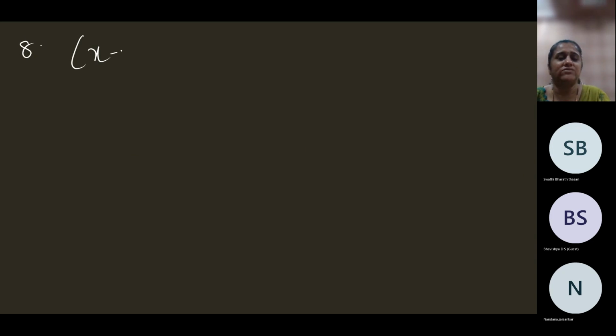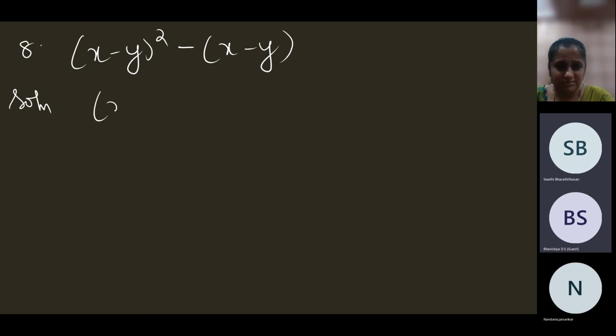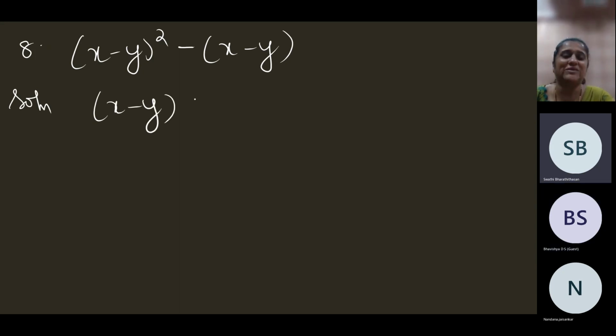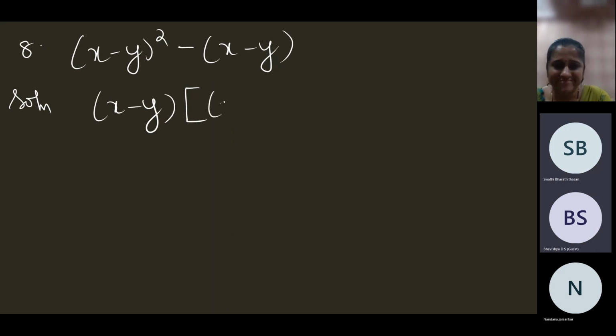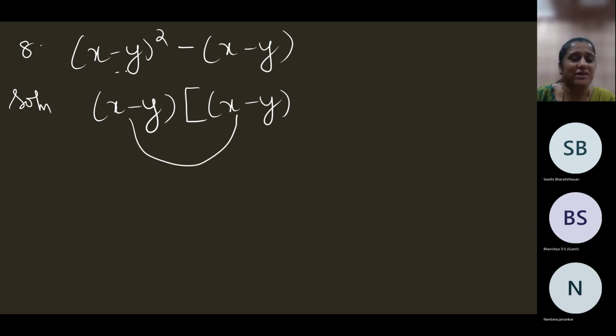Tell me how will you factorize this one? Ma'am, x minus y will be the common factor. Very good. X minus y is common. Then x minus y into x minus y is x minus y the whole square.